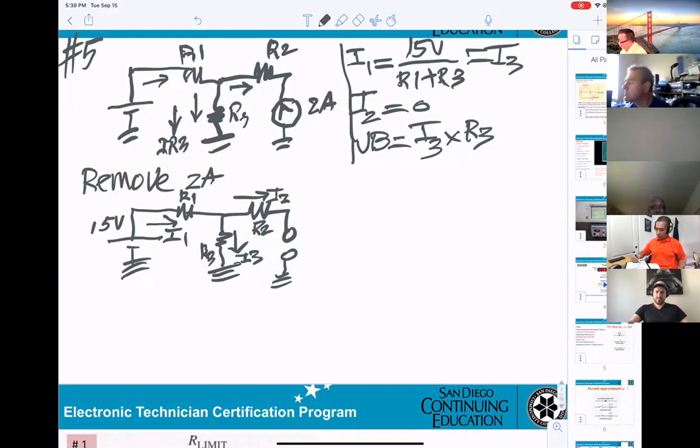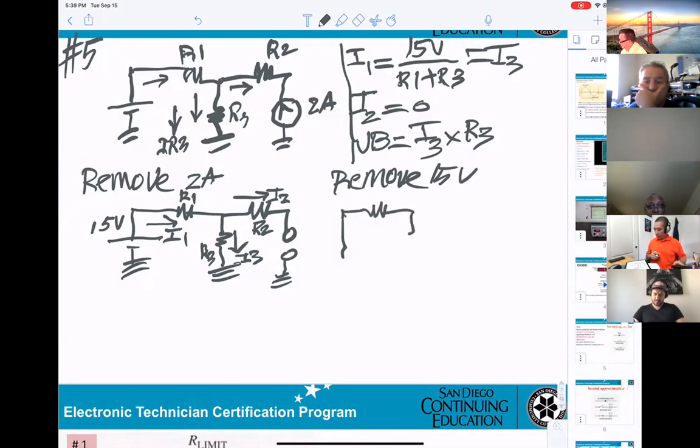Now you will remove the 15 volt. So you get a short here, R1 here, R3, R2, and you get the current.